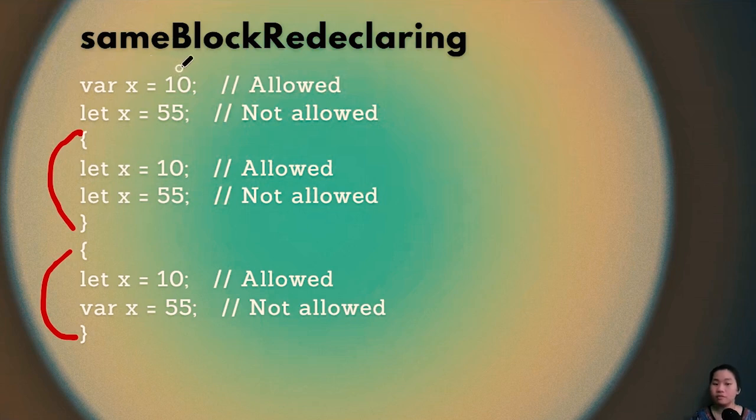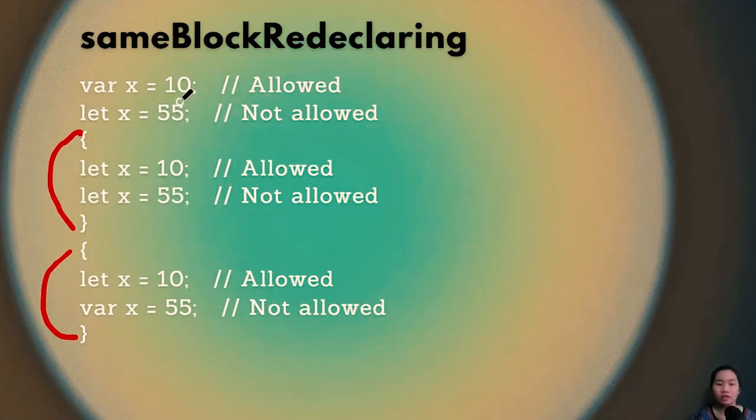Let's not consider the second part. Let's just deal with the first part. X equals to 10 and x is declared by var. This is okay. That is allowed. And if you redeclare x again using the let keyword, that's okay as well. And then if you declare it again in another block scope using let, that's also okay. Just make sure if x here is 10 and x here is 20, this is 20 and this is 10.